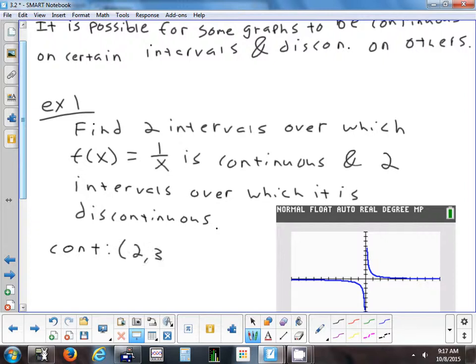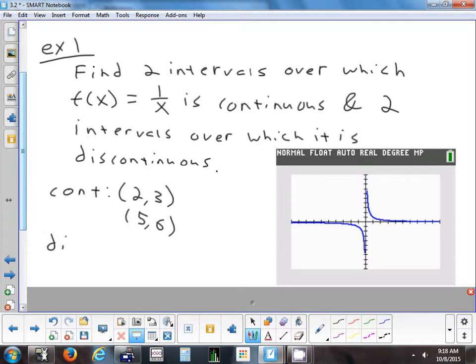That's a very small difference. So can you do 5 and 6? Yeah. You could do 6 to 10. You could do 5.2 to 5.7. You could do negative 9 to negative 10. Those are all continuous intervals. There's just one number you don't want to go through to be continuous. Now we're going to use that for discontinuous.